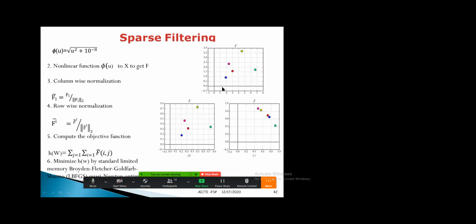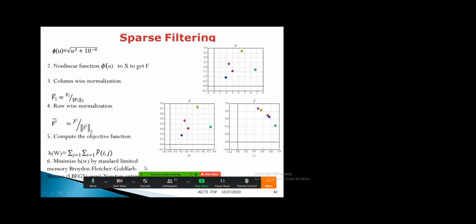After the first step, there are some changes in the data. And when we do both steps, the data begins to fall on a unit circle and is separated. So we can easily separate the classes, and this is also computationally very effective.